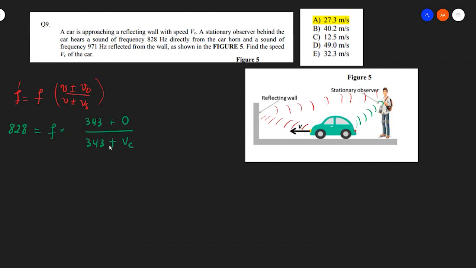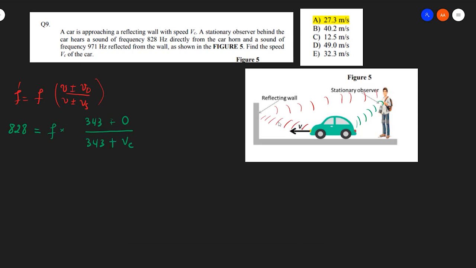Why do I put plus? Because when I put plus, the denominator is larger. When this one is larger, the fraction becomes smaller. So I deduce the sign should be plus because it's moving away. The new frequency should be smaller, so I need to put plus such that the fraction becomes smaller.